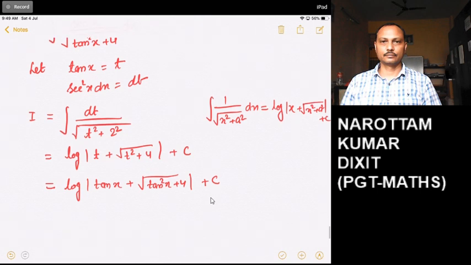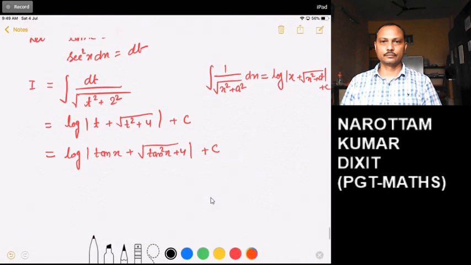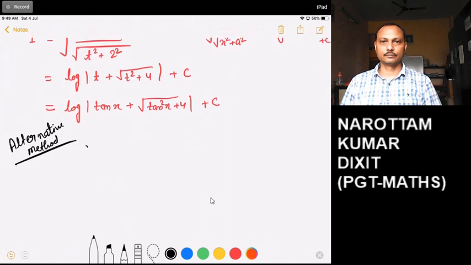Now there is an alternative method to solve this question. I am taking the same question, that is integration of sec square x divided by square root tan square x plus 4 dx.